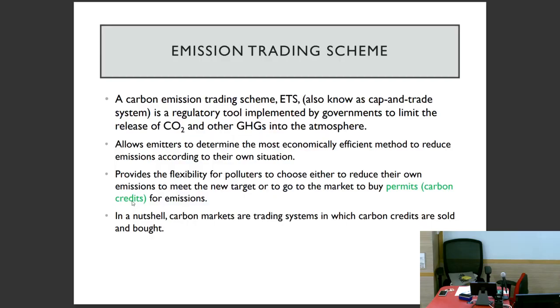So in the market of the ETS, every company that can find cheap, cost-effective ways to reduce their emissions will sell their emissions allowance in the market. Then other organizations which find it difficult to reduce their emissions can buy these allowances in the market.